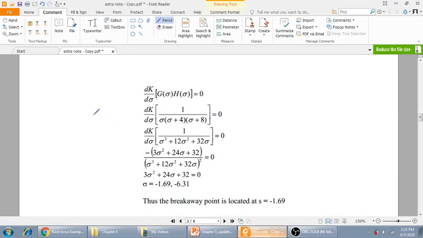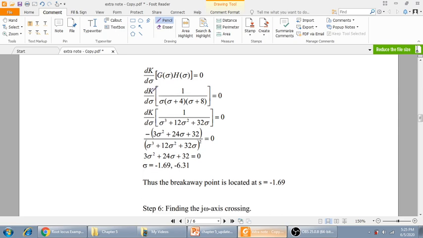So in order to find the breakaway points, what I want to do is consider the characteristic equation. Okay, what is our characteristic equation?